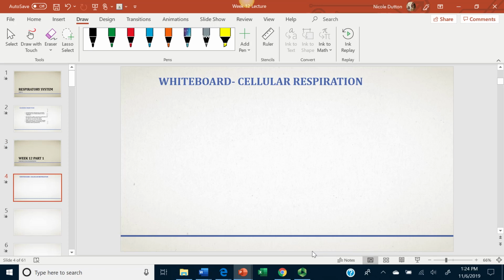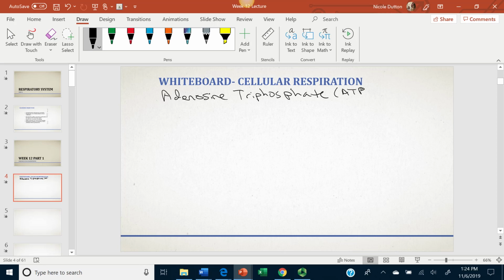So recall that energy is adenosine triphosphate, ATP. In order to make energy, we need to figure out how to regenerate these molecules when they are separated.